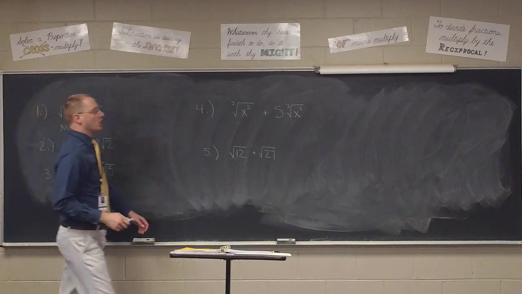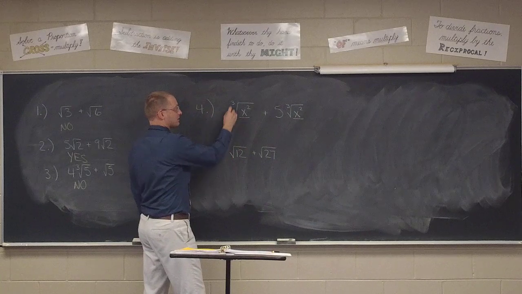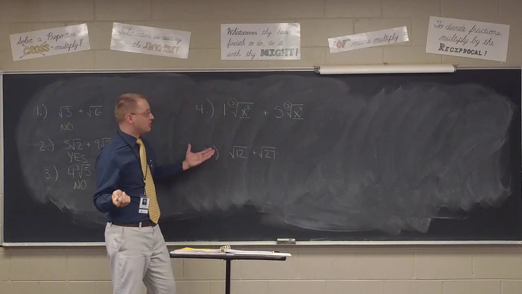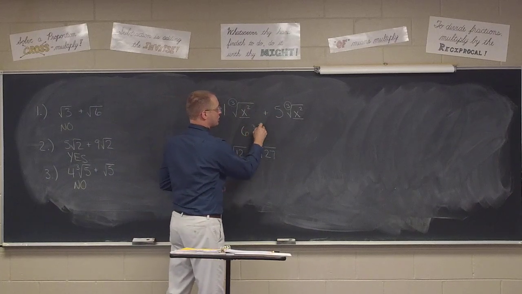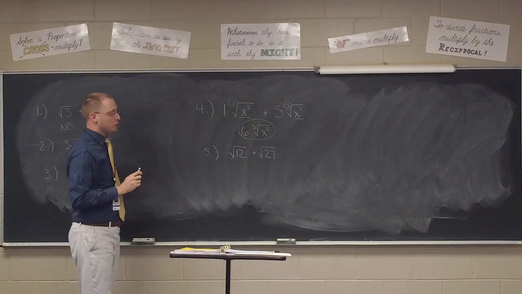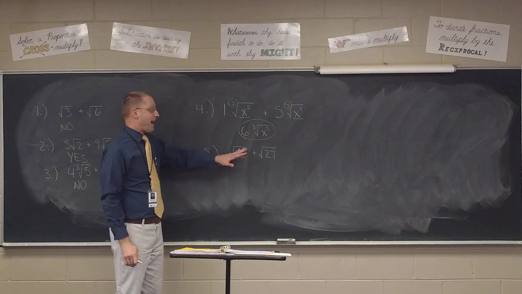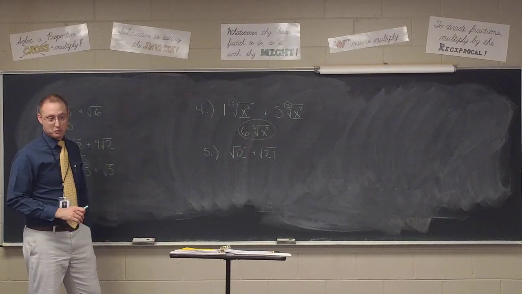For number 4, these are similar. They have the same radicands. They have the same indices. All they're differing in is the coefficients. And you can add those to get 6 times the cube root of x squared. Number 5, if you added to get the square root of 39, put a sad face with tears.